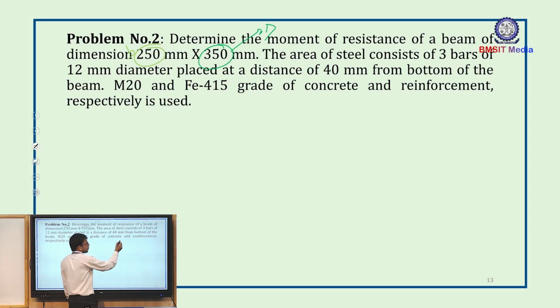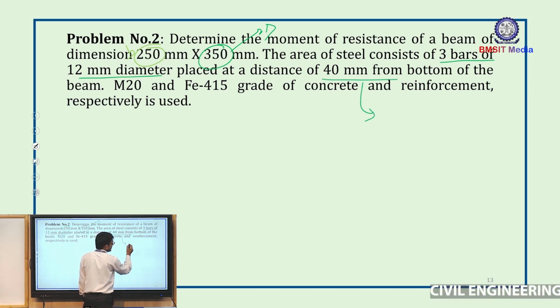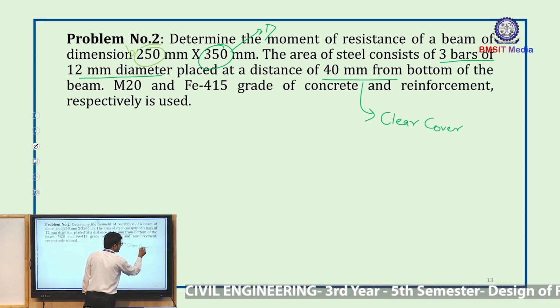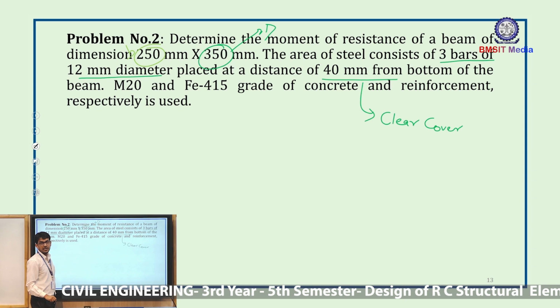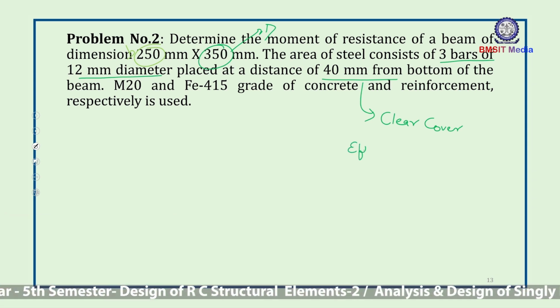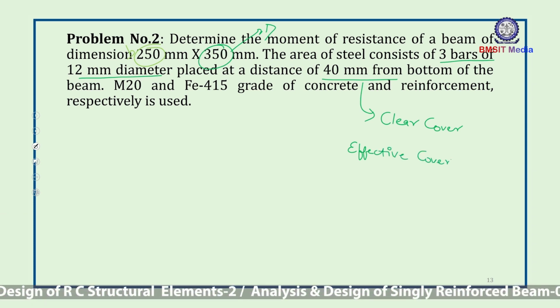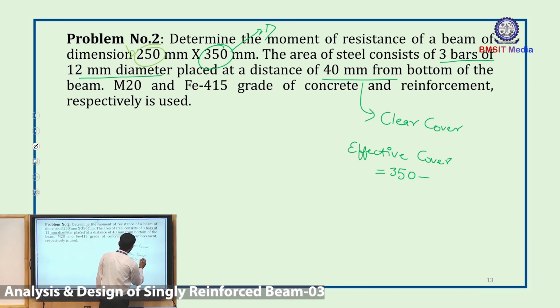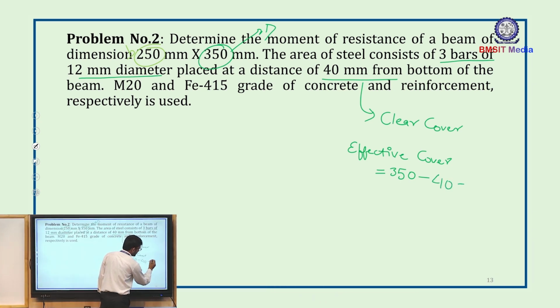Now after that, 3 bars of 12 mm diameter, so Ast is given to us, and the bars are at a distance of 40 mm from the bottom. So 40 mm is the clear cover, because they have given you the overall depth. So clear cover we have, reinforcement bar diameter we have, so we can easily calculate the effective depth. So effective depth equals 350 minus clear cover 40 mm minus 12 by 2 for the 12 mm diameter bar.